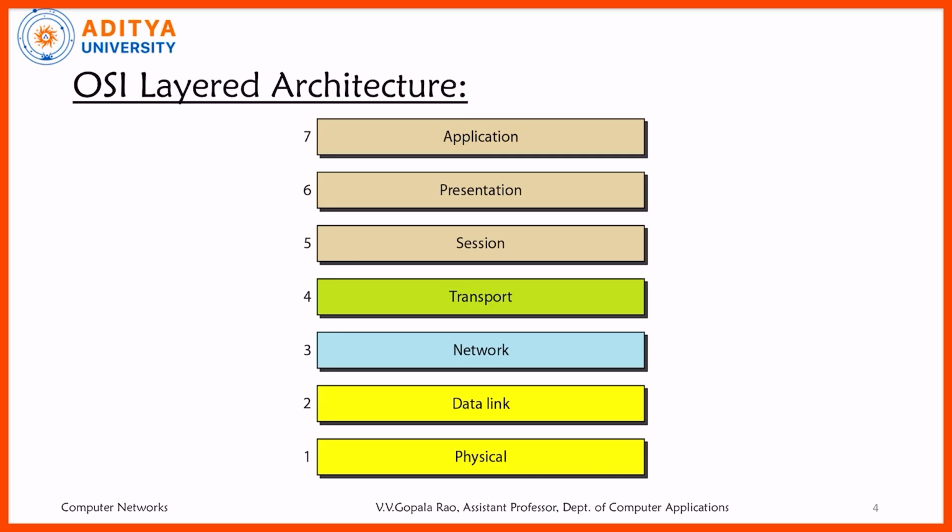Because instead of giving all responsibilities to a single level, it is better to divide the overall work into different levels, each with some responsibilities, so that the overall burden is reduced, each level can perform more efficiently, and the overall work can be done in a proper, efficient way. That is the reason the OSI model is designed in a layer-wise manner.